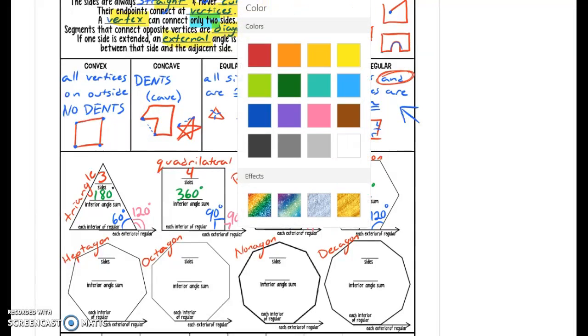Therefore, each exterior is 72. Next is the hexagon. 6 sides, 720 degrees for the sum. Each interior is 120 degrees. Therefore, each exterior is 60 degrees. We can see that each exterior is going down as each interior goes up.